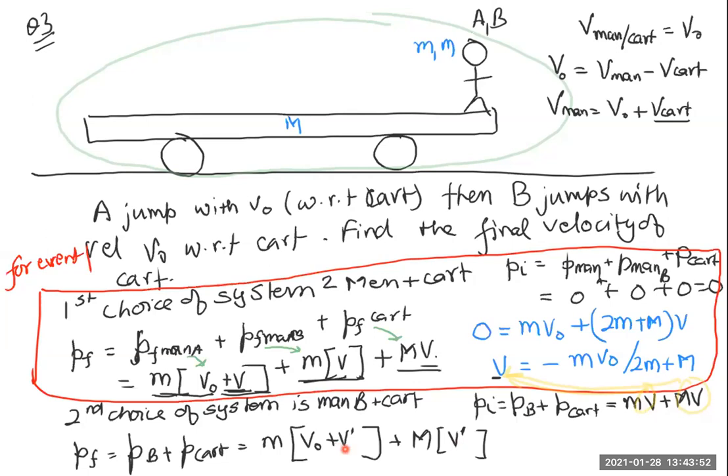So I have a v dash here. Because remember that this velocity v naught is with respect to the cart at that time. Okay. So there should be no confusion here. This is the final velocity of the cart. This is the velocity of the man with respect to the cart. So velocity of the man with respect to the ground must be v naught plus v dash, v naught plus v cart.